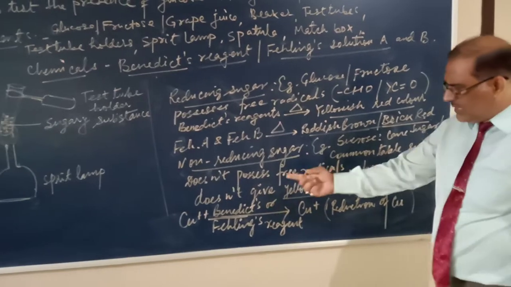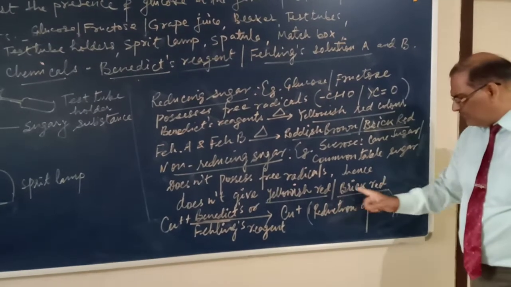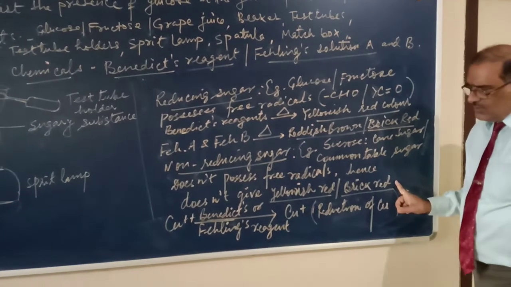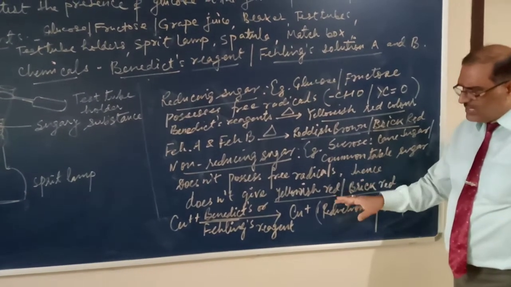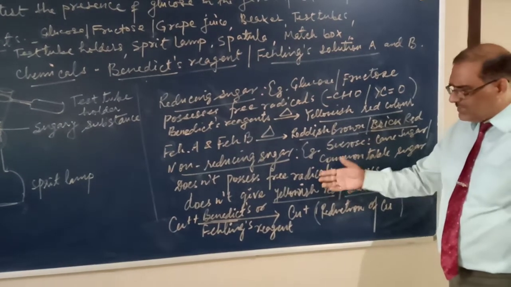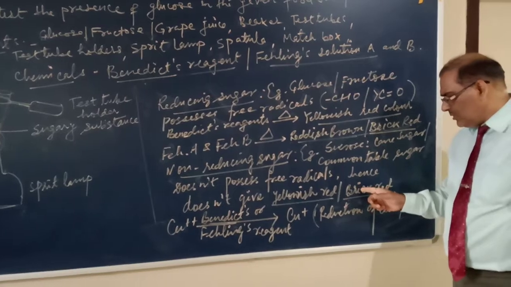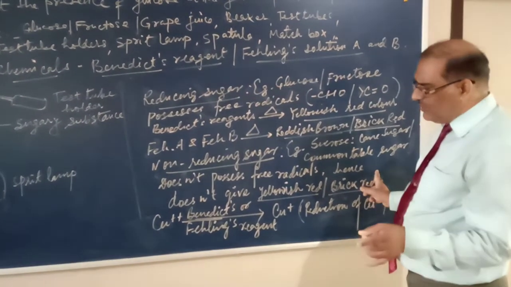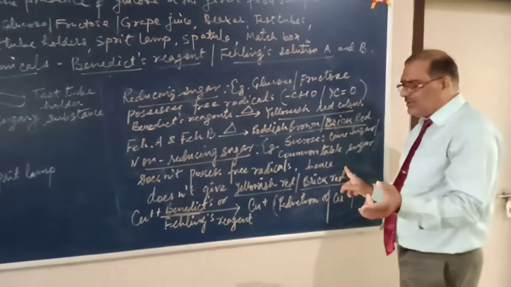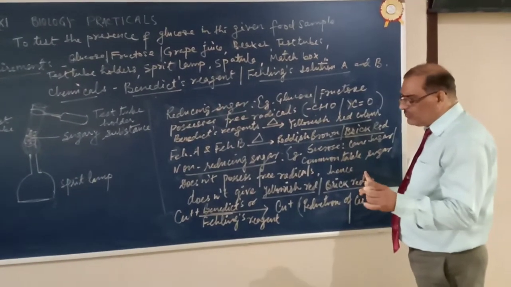Hence, it does not give yellowish red or brick red color on heating when we put Benedict or Fehling reagent into it. So the sugar which does not give the Fehling or Benedict test is called non-reducing sugar.